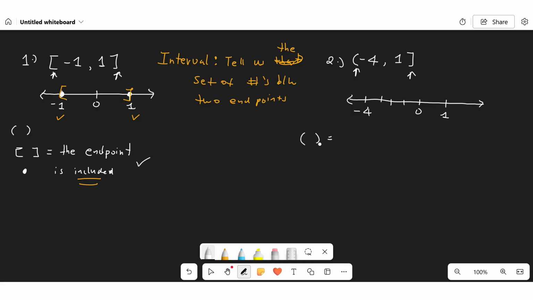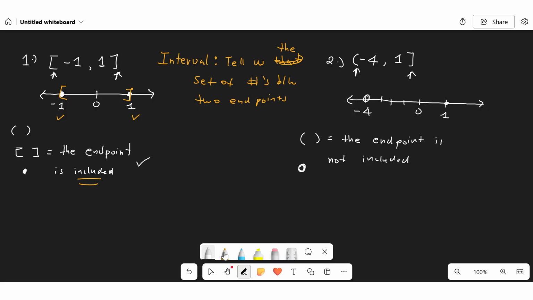It means that, let's write a little note over here. It's always important to write notes when you are learning math. The endpoint is not included and it's an open point. So in this case we can draw a circle like this and here we can include a circle.